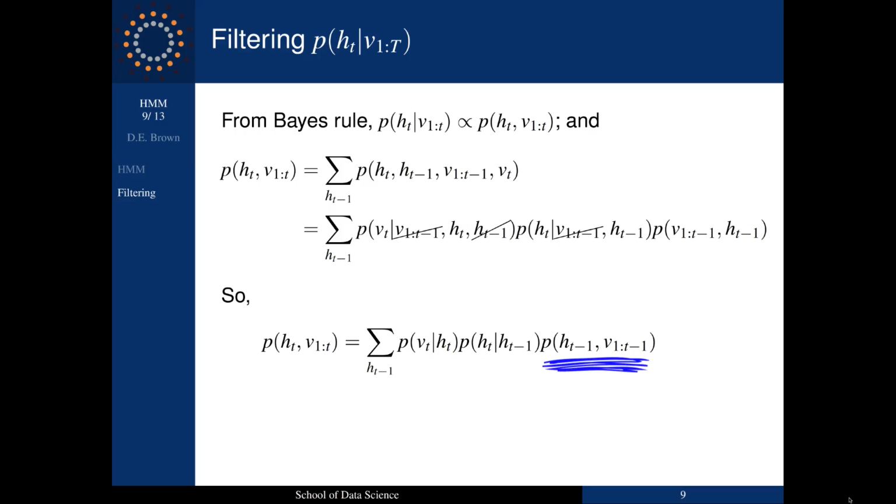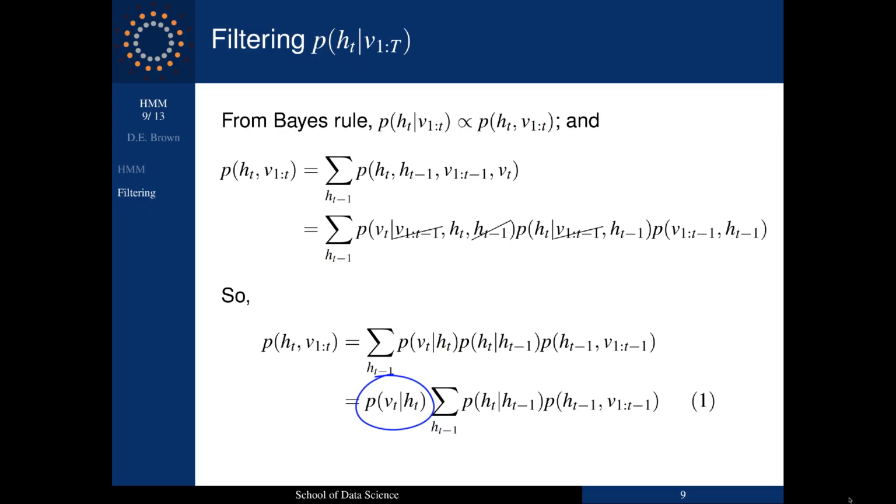And that in turn times the probability of the hidden unit at time t minus 1 and the states of the visible units from 1 through t minus 1. And we can in turn rewrite that by removing that first element, because that doesn't have an h of t minus 1 in it, so we can pull it in front of the summation. And we'll call all of that equation 1.